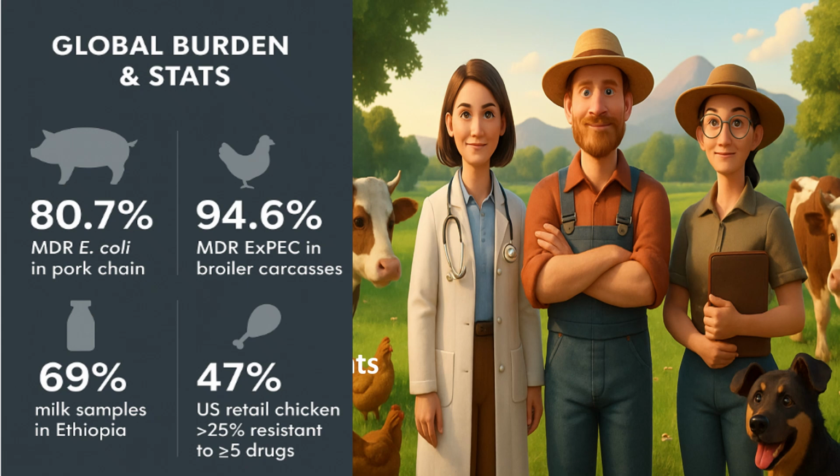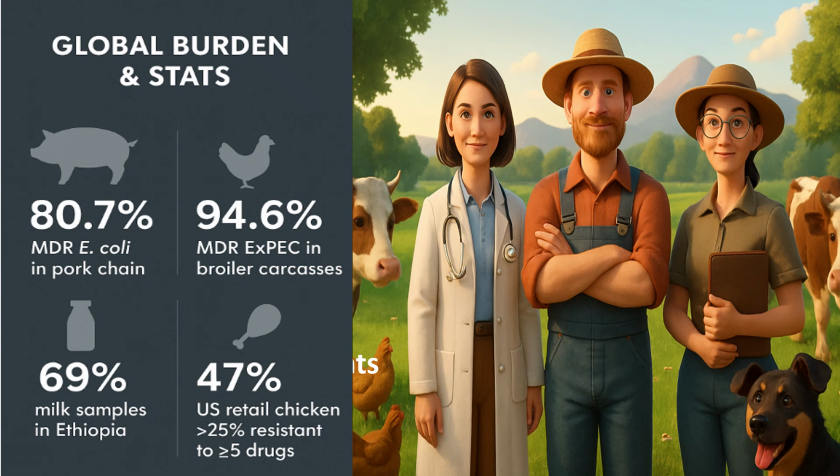Studies indicate that 94.6% multi-drug resistant ExPEC is found in broiler carcasses. Here, ExPEC means extraintestinal pathogenic E. coli, a type of bacteria causing infections like urinary tract infections and sepsis.